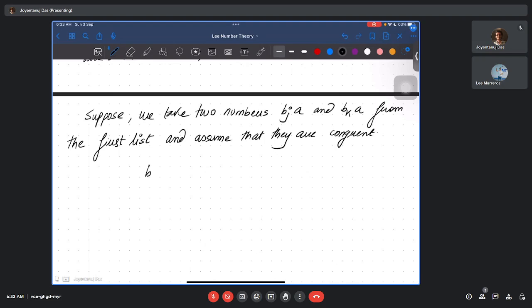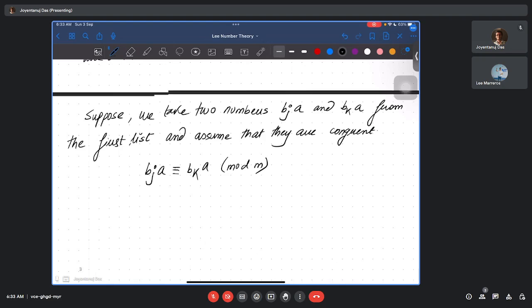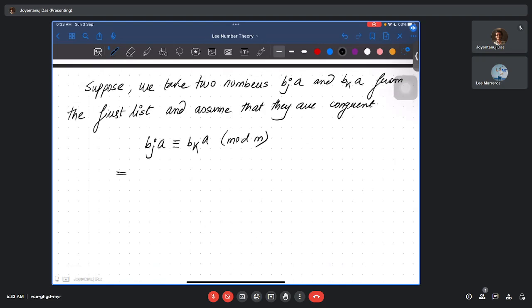So BJA is congruent to BKA modulo M. From here we have that M divides BJA minus BKA.